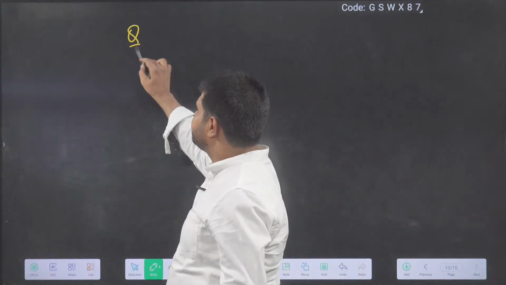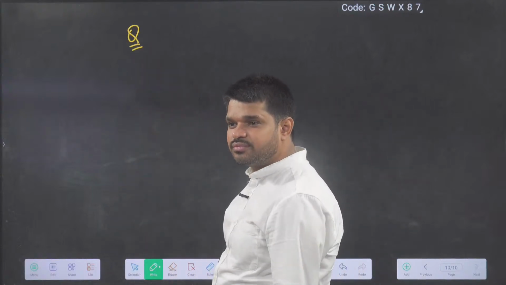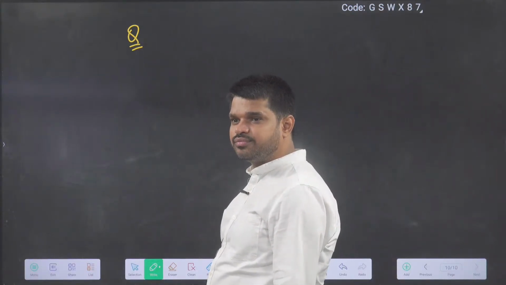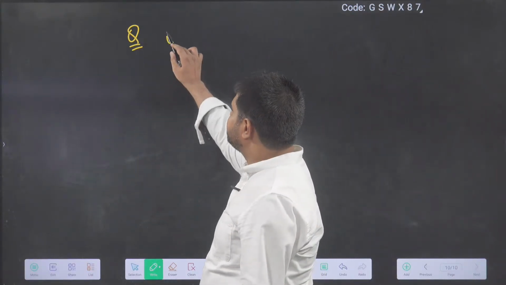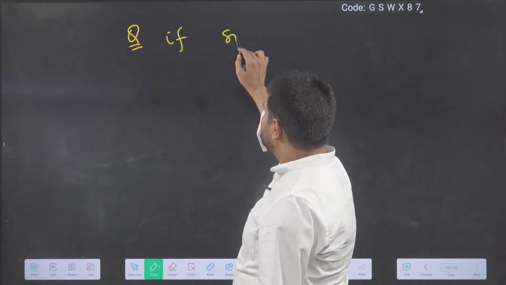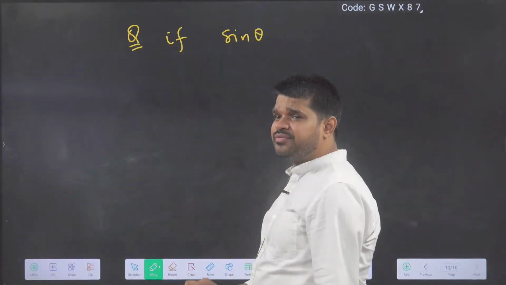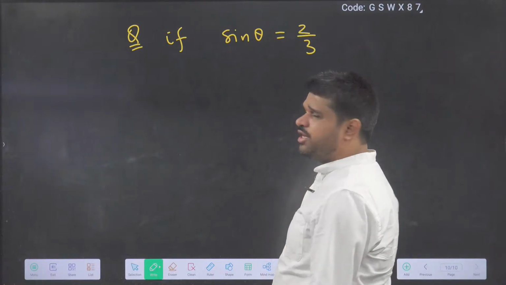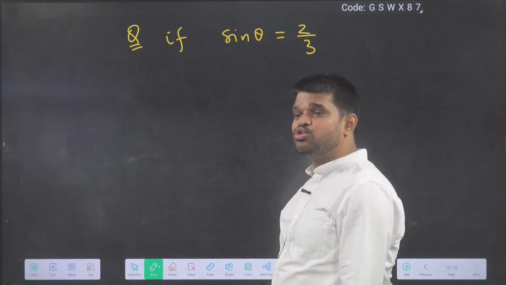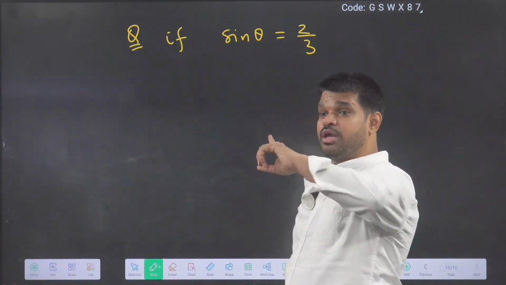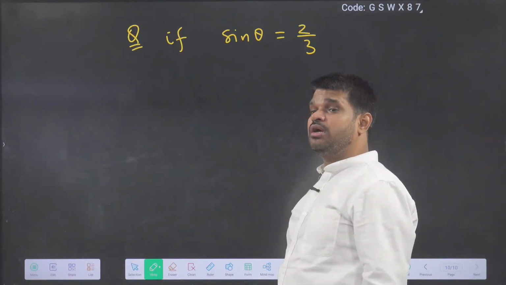First question. If sine theta is 2 by 3, think carefully, because there are many chances you will answer wrong here.